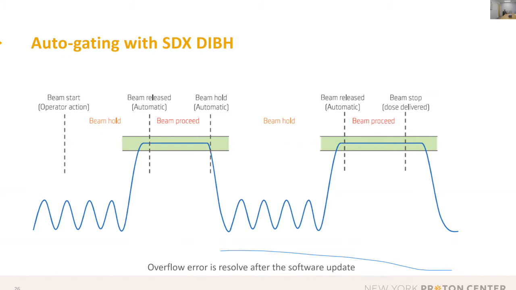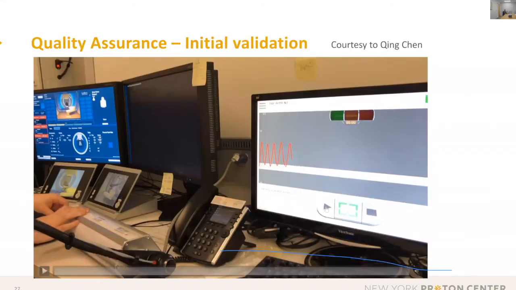Working with Varian and also DYN'R, we worked this out and fixed the problem by adjusting the software and some Varian-side hardware parameters. So let me show you the validations. At the beginning we also tried to stress the system and played some videos provided by our physicist Chin, who did the validation.